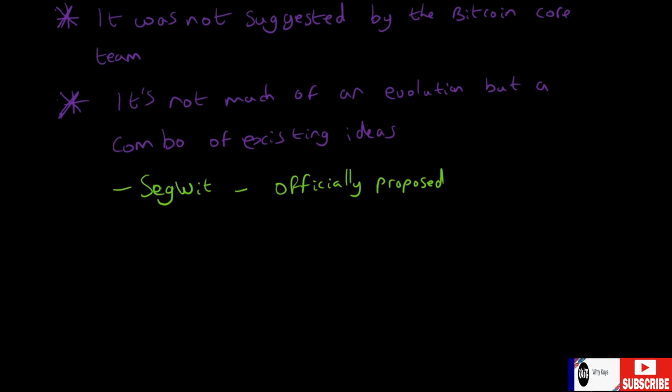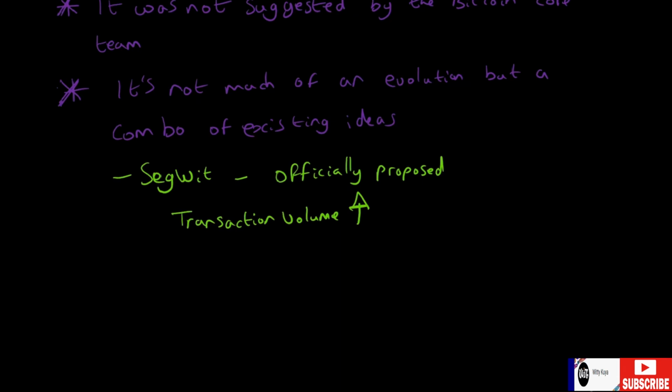And this was basically to increase the volume of transactions that fit into each block without actually increasing the block size. So transaction volume goes up without actually increasing the block size.